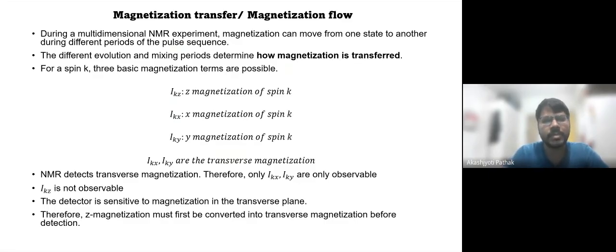So during a multidimensional NMR experiment, magnetization can move from one state to another during different periods of the pulse sequence. The different evolution and mixing periods will determine how magnetization is transferred. So what your T1 and tau m values are will determine how the magnetization is transferred.